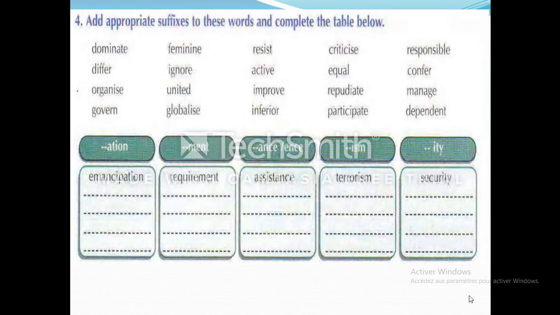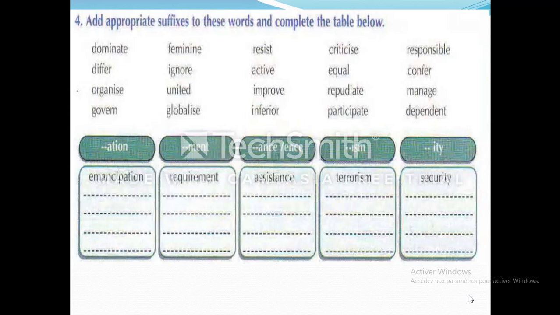Then we have requirement, assistance, terrorism, security. Now we are not going to go across, we will go vertically, down. Now we can pause the video.